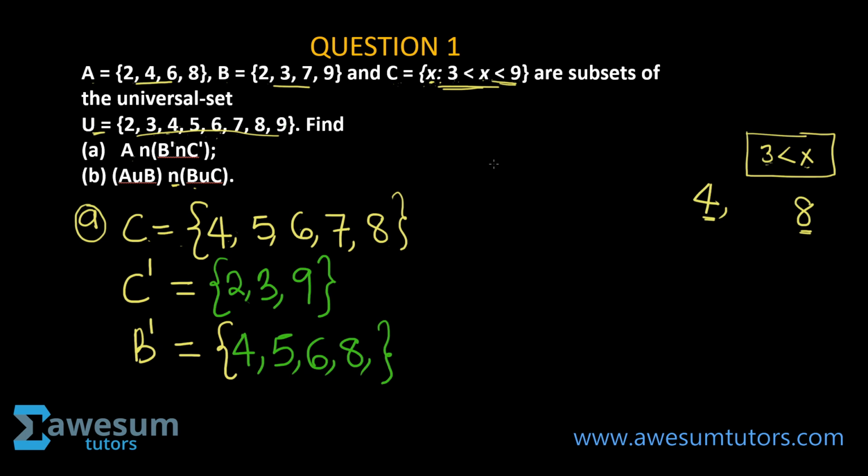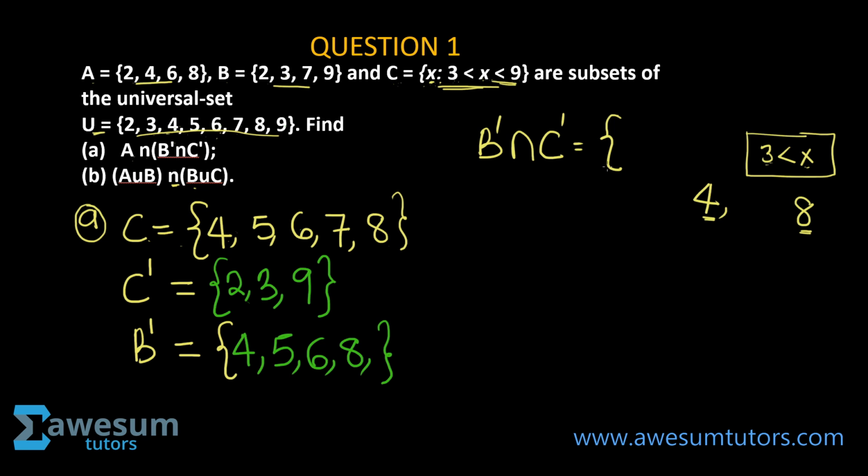Okay. Now, if you look at the next thing, it says A intersection, in bracket, B complement intersection C complement. So do the bracket first. So I would have B complement intersection C complement. What do you mean by intersection?